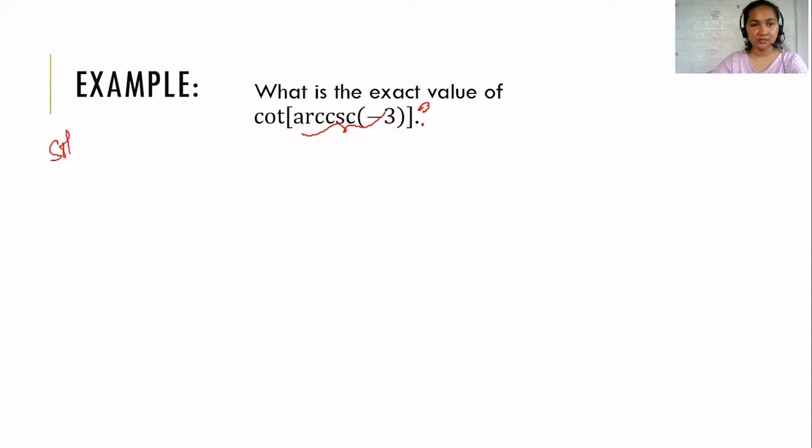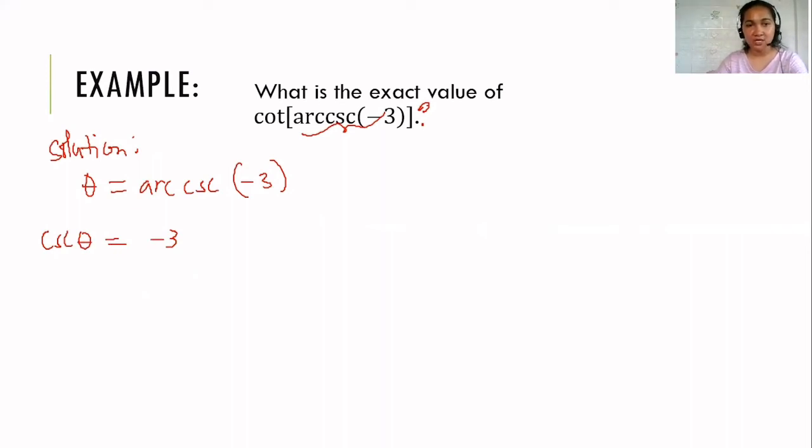Let theta be equal to arccosecant of negative 3. That means cosecant theta is equal to negative 3. If you take the cosecant of both sides of this equation, we have cosecant theta equals cosecant of arccosecant, so we can cancel out the operating cosecant and we get negative 3.